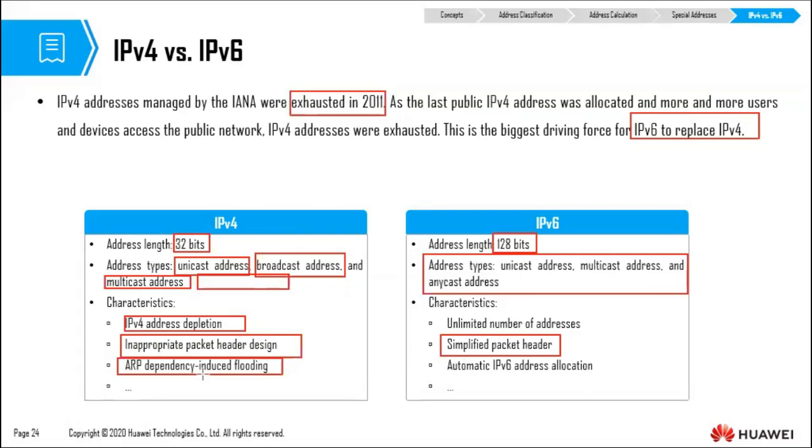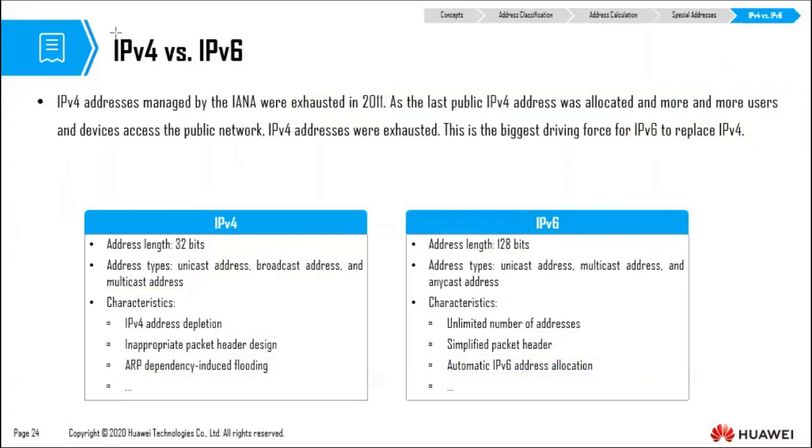So with IPv4, we have a lot of broadcast messages because of that request. But here with IPv6, we have automatic IPv6 address allocation. We are going to see them when we learn about IPv6, what we call DAD.